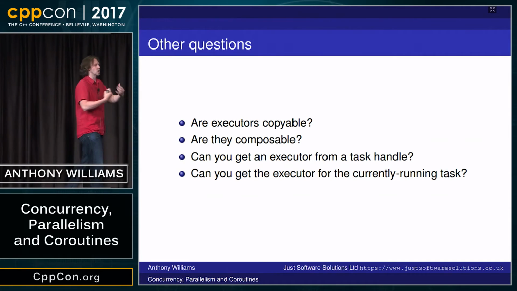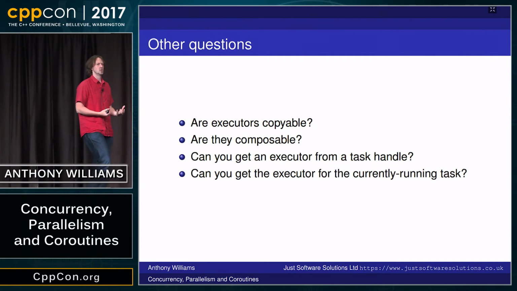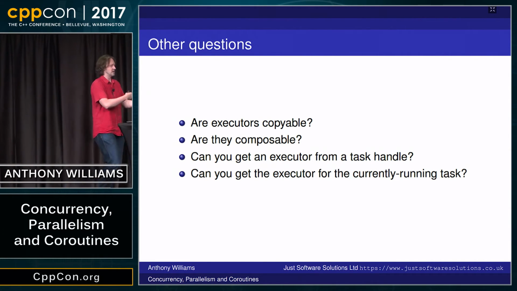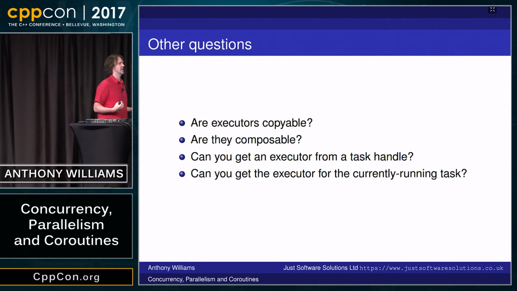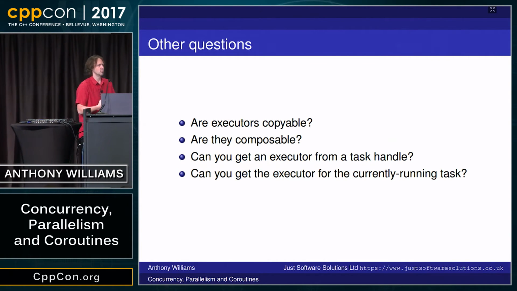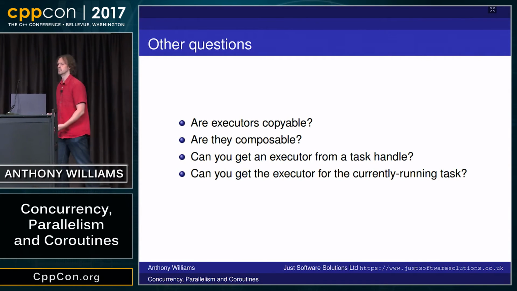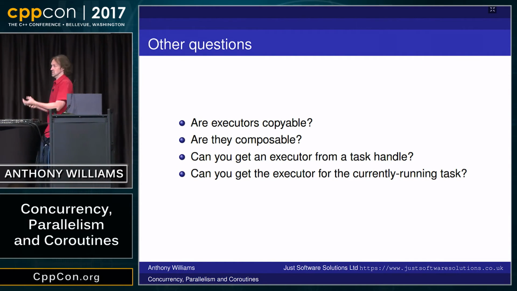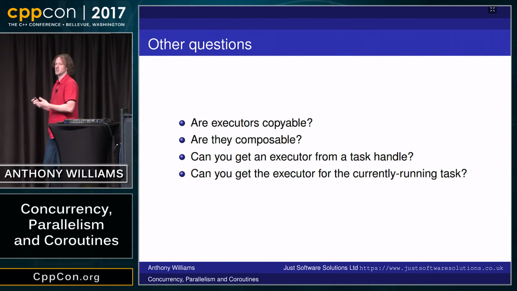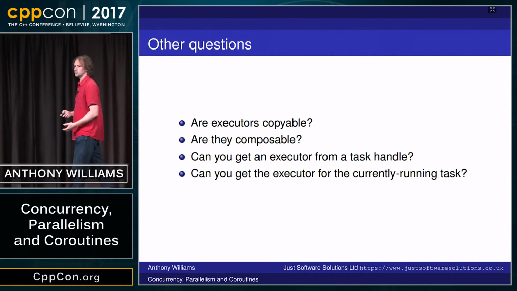Or if you are running a task right now, and you know that this function I am in has been called from an executor, can I find out which executor that was in order to run a new task, as some form of continuation of the current one?